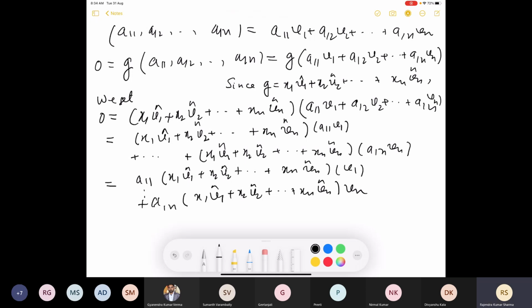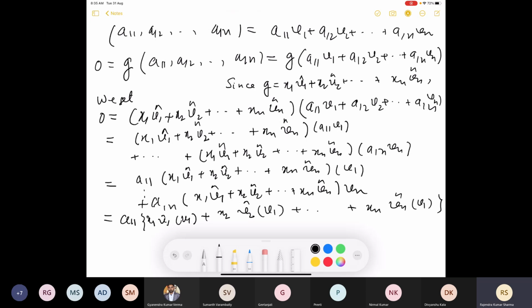Now because this is a linear combination of homomorphisms, you can use the fact that if T1, T2 are two homomorphisms, T1 plus T2 on V is defined as T1 V plus T2 V. With that, this will be a11 and this will be x1 v1 hat on v1, plus x2 v2 hat on v1, and like that, xn vn hat on v1.